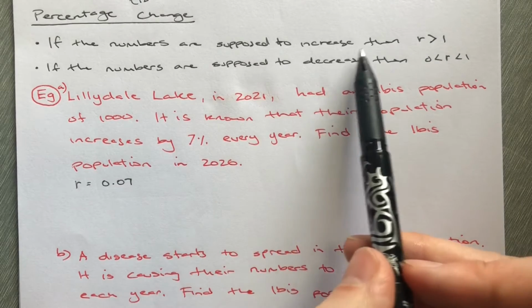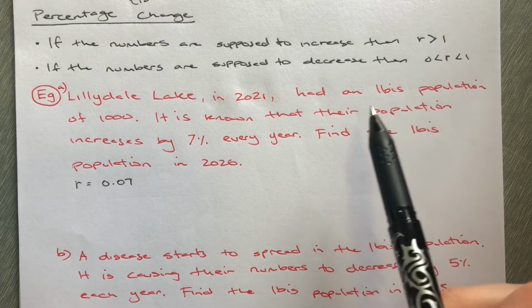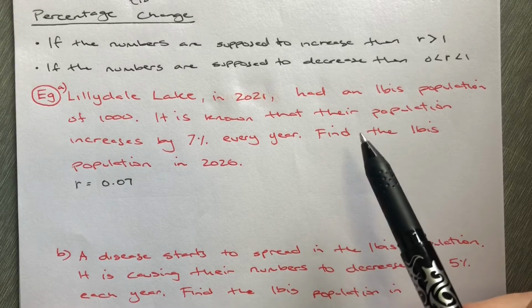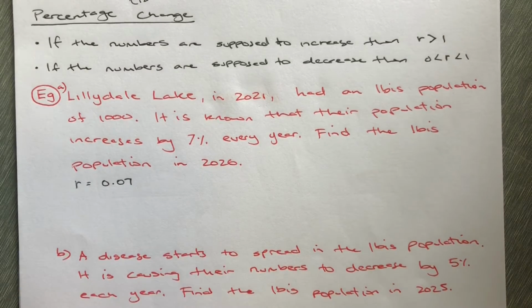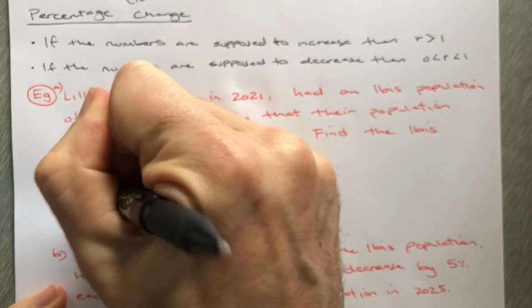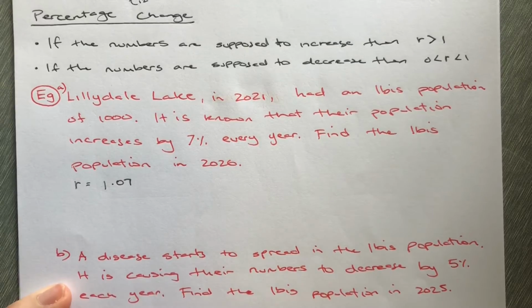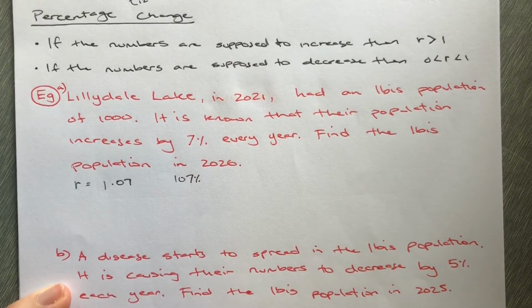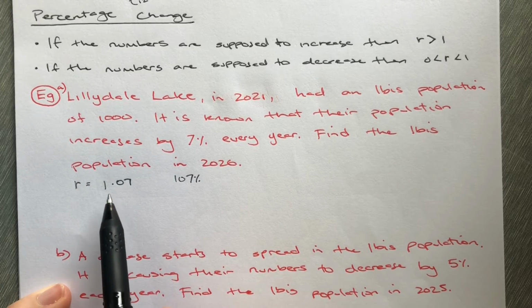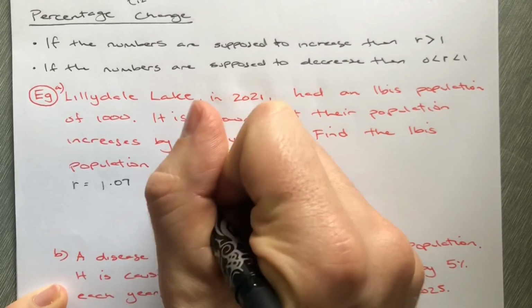Remember, the numbers are supposed to increase, so my R is supposed to be greater than 1. So I want that full 100% plus another 7%. So my R value is actually 107% of what I had earlier. If we change that into decimals, it's 1.07. So that's our R value.